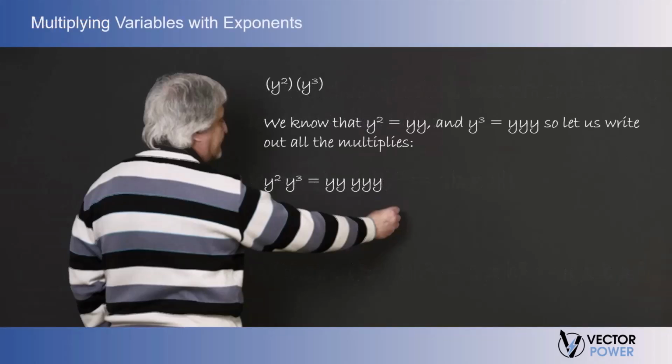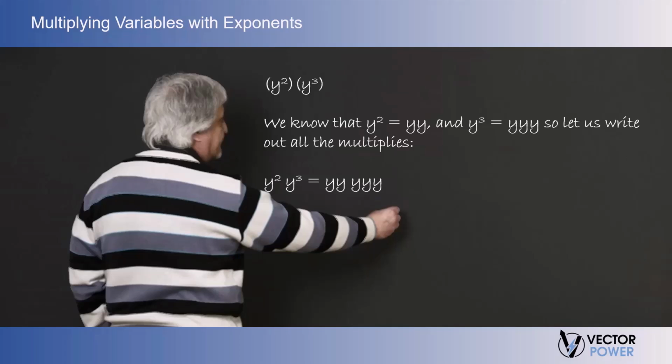So, how do we multiply this? Y squared times y cubed. We know that y squared equals yy, and y cubed would equal y times y times y. So let us write out all the multiplies.